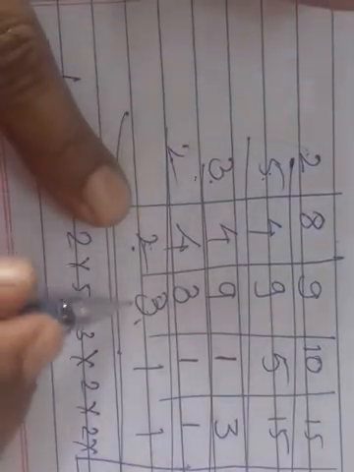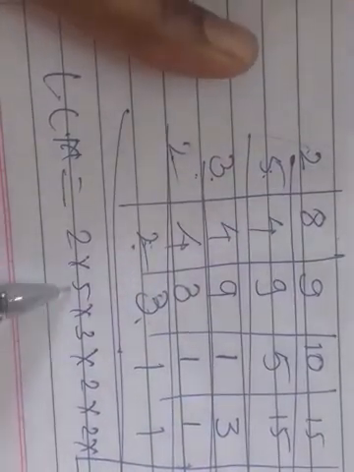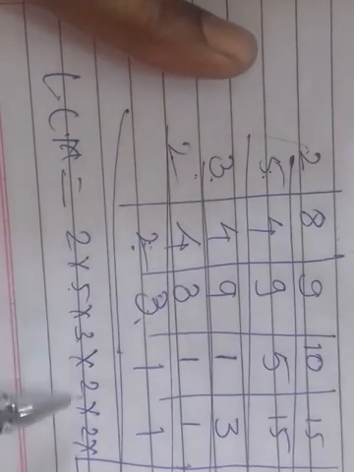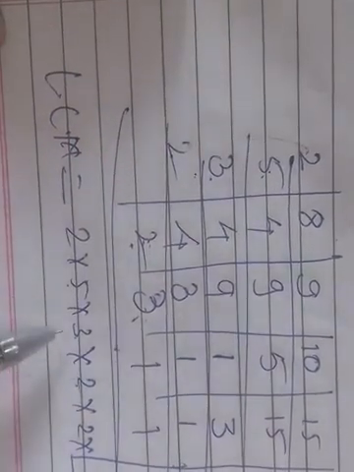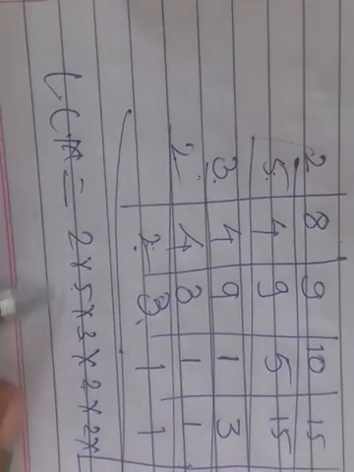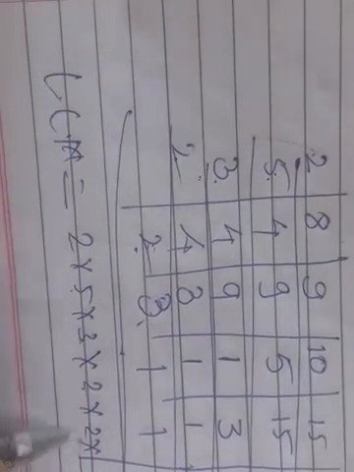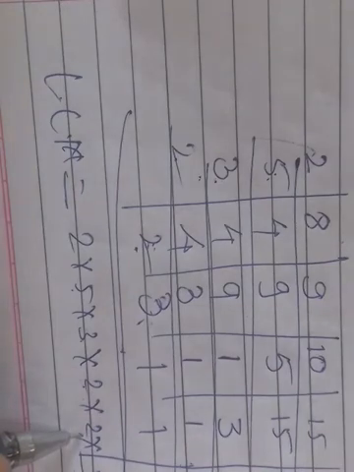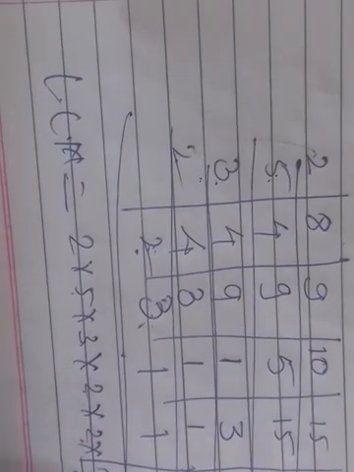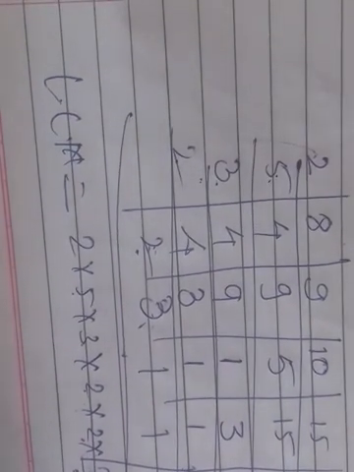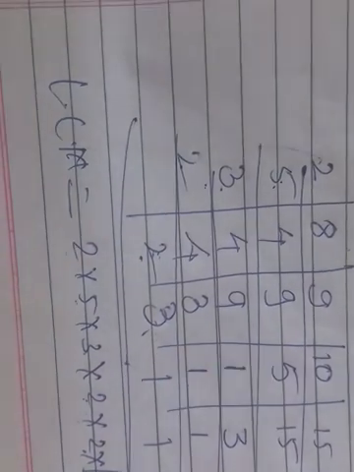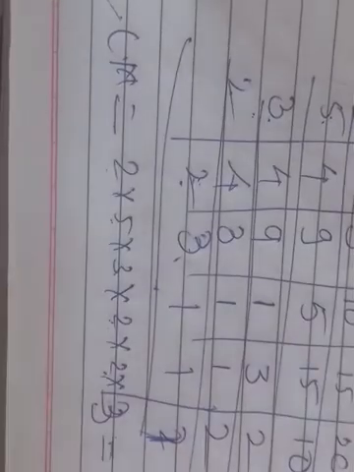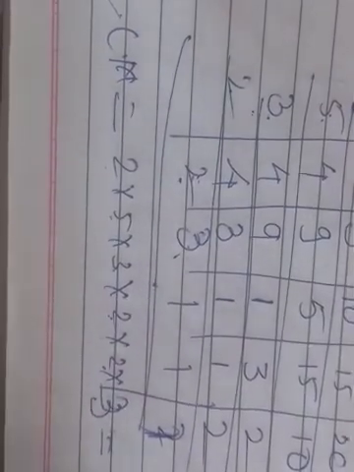These are all prime factors. 2 5s are 10, 10 3s are 30, 30 2s are 60, 60 2s are 120, 120 3s are 360.